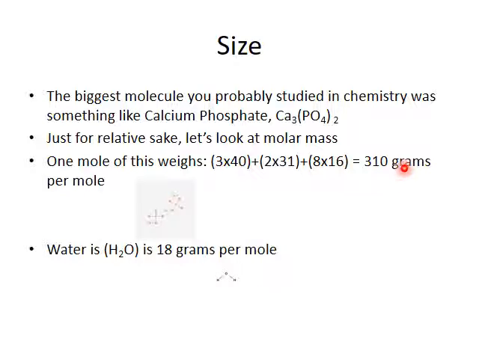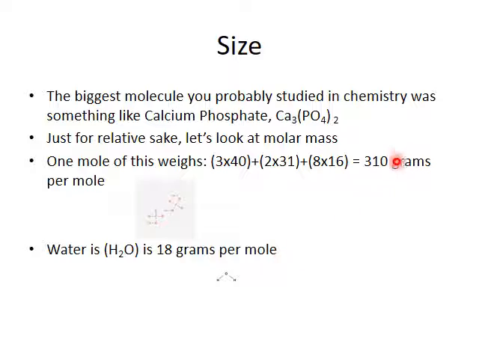If you have a mole of this, and you don't have to know what a mole is, it's this quantity of particles, but that quantity is going to weigh 310 grams. Now water, on the other hand, weighs 18 grams per mole. So if you have 1 mole of water, it weighs 18 grams. And if you have 1 mole of calcium phosphate, it weighs 310.